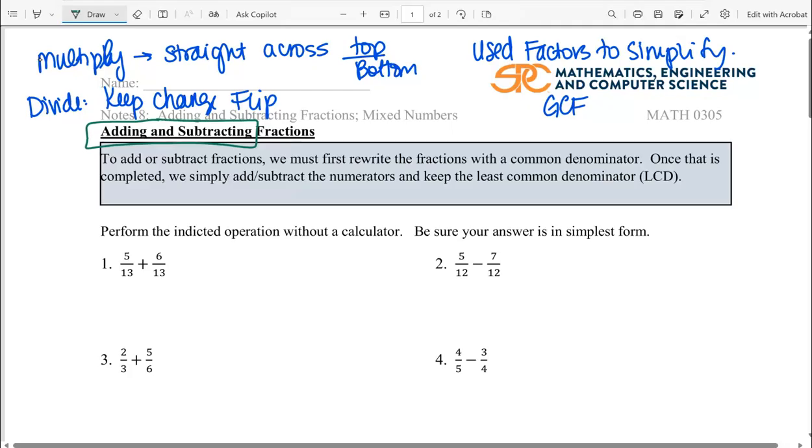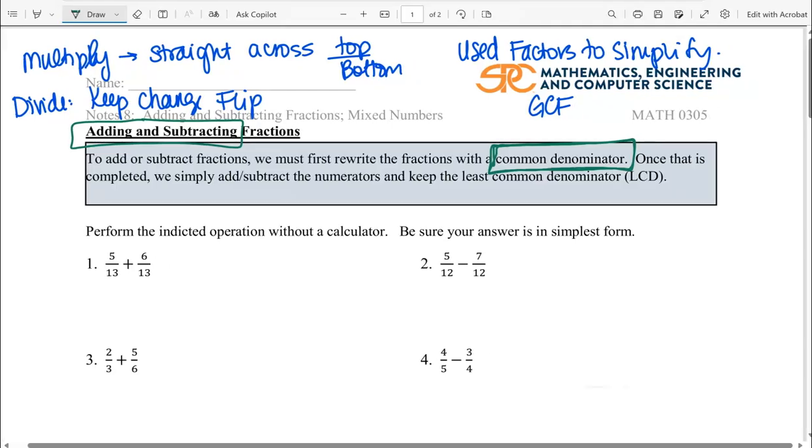When we add or subtract, we have different steps, right? Different operations have a different process. The biggest thing to note is that if you're going to add or subtract fractions, you have to first have a common denominator. I want to add parts together, but I have to have the same size parts in order to do that.